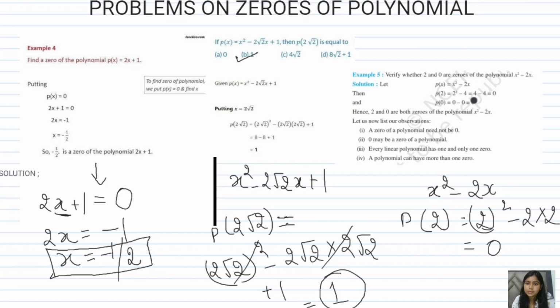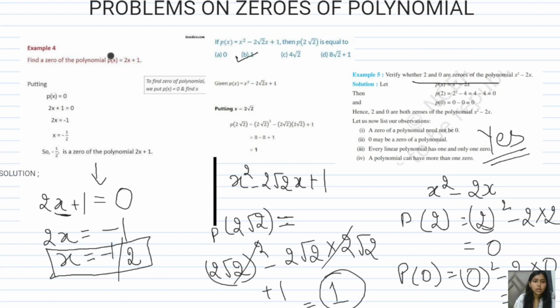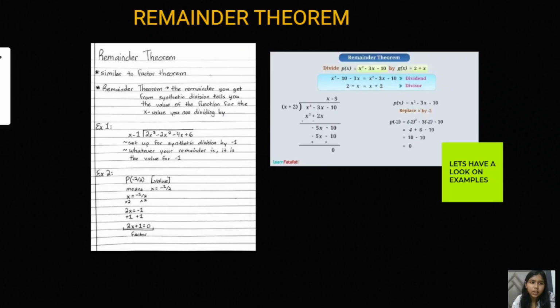It means yes, 2 is a zero of the polynomial. And if we are putting 0 here, then also the answer is 0. So yes, 2 and 0 are the zeros of polynomial. These are the problems on the zeros of polynomial. These include very basic questions. You all can solve very easily. In case of any doubts and queries, you can just comment below and we'll get back to you.